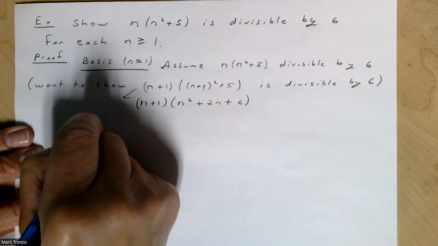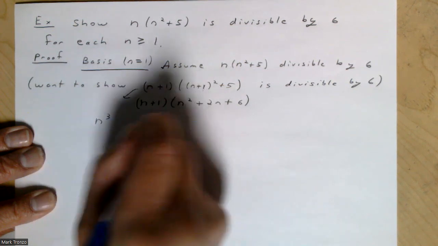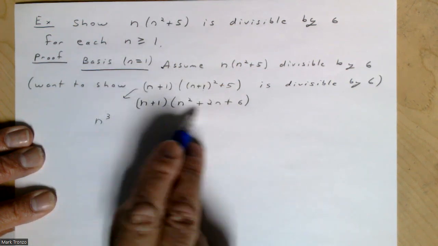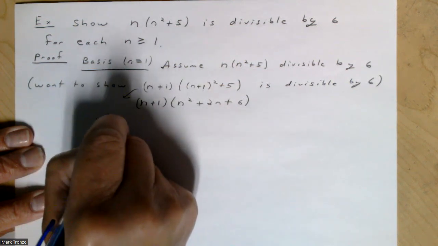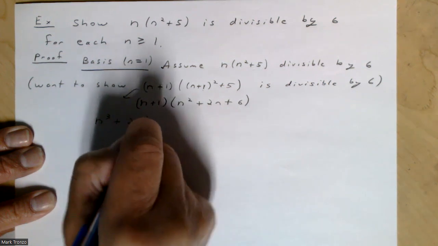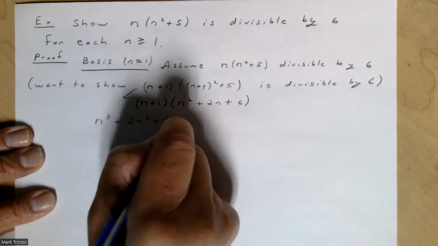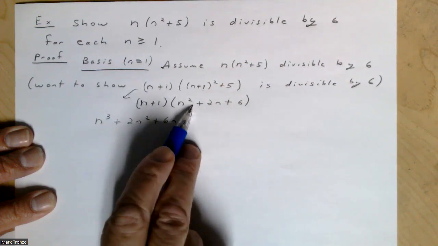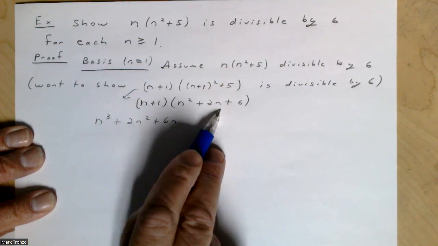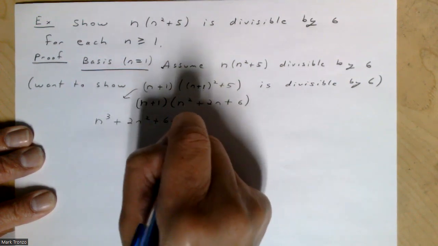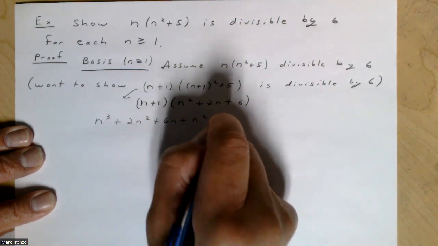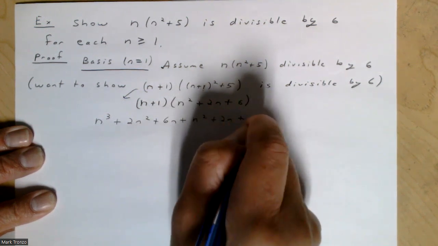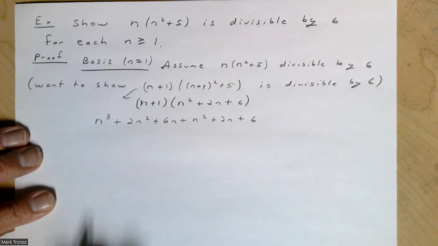So this is going to be n cubed. I'll take n times each of these, plus 2n squared, plus 6n. So I took n times each of these. Now I'll take 1 times each of those. n squared plus 2n plus 6.